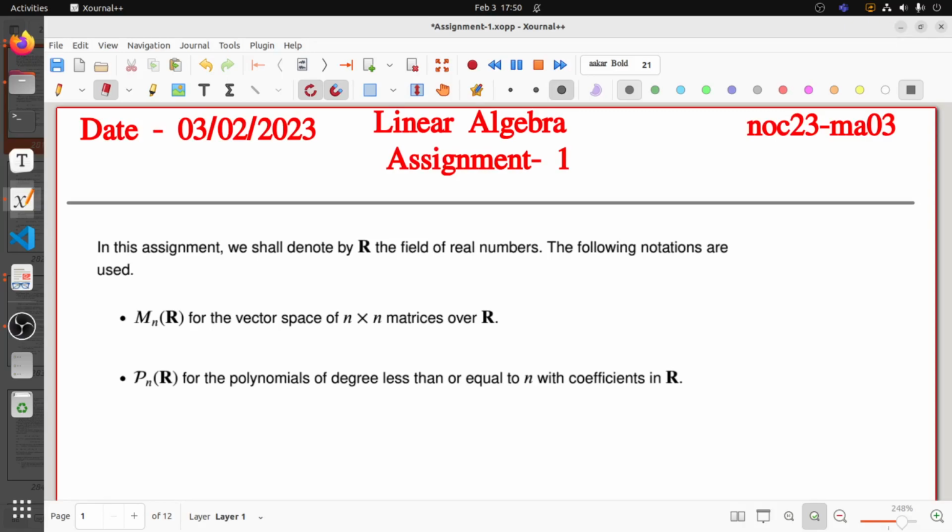Why is this so? Suppose P1 of x is A0 plus A1x plus A2x square plus A3x cube, and P2 of x is B0 plus B1x plus B2x square plus B3x cube. Then what will be (P1 plus P2) star of x? First add, then put x equal to minus x.